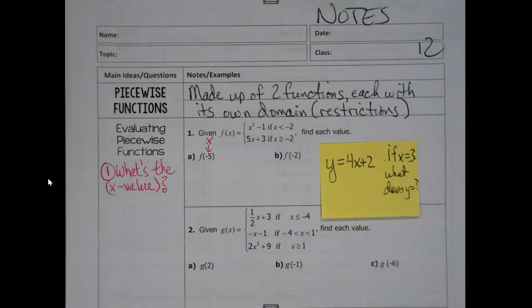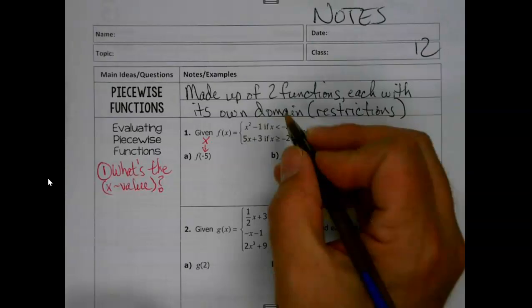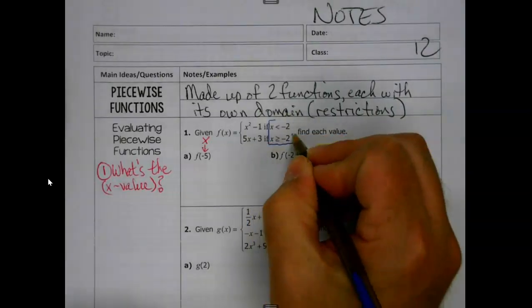Instead of just saying y equals, it's saying, hey, this function thing, these expressions right here, so I want to figure out what the answer is when x equals -5. But here's the part that's a little extra. Instead of just giving us one equation and saying plug it in here, there's two equations with restrictions or their own domain. So, let me put this in blue.